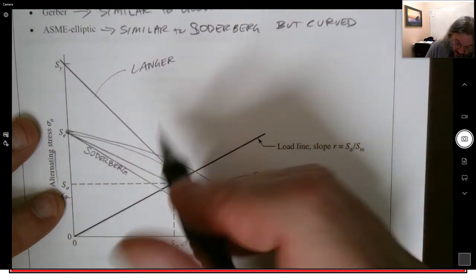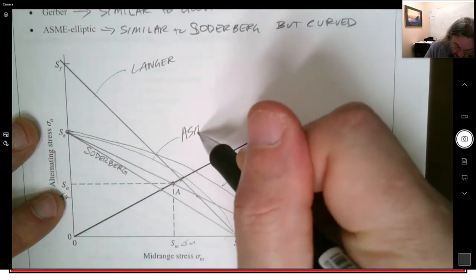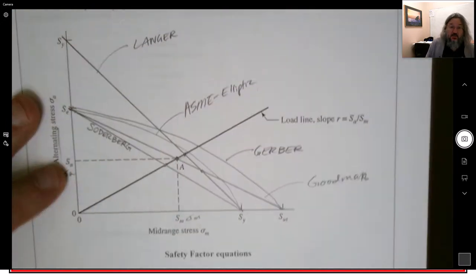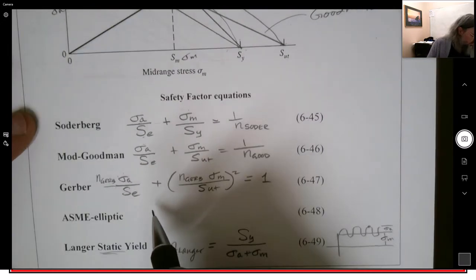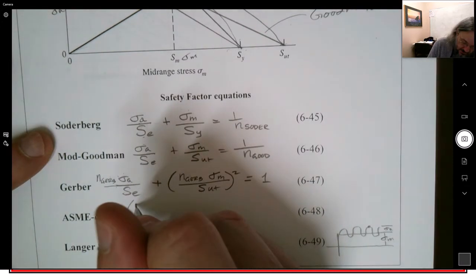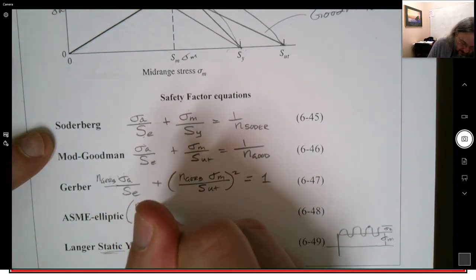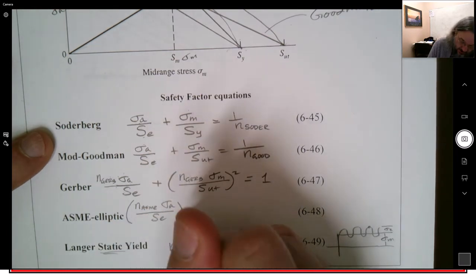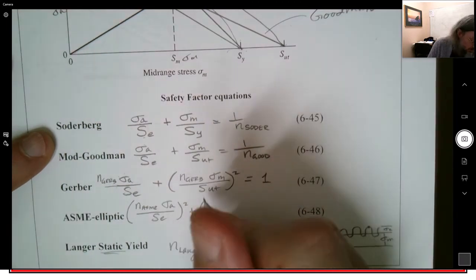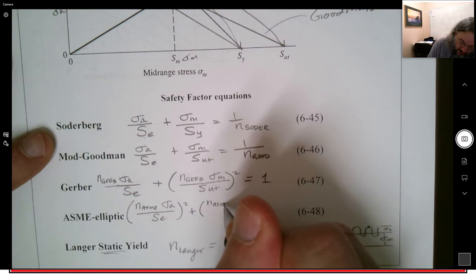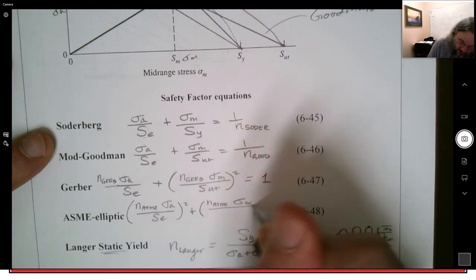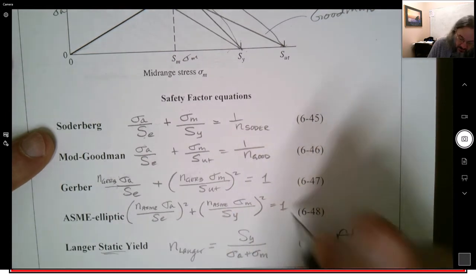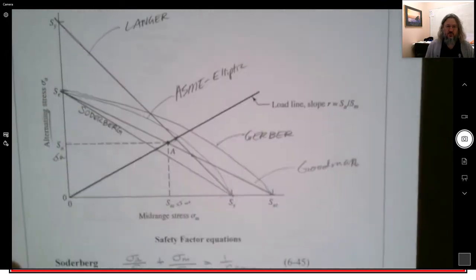So I guess I'll try to label him too to be consistent. This one's even more obnoxious. So we have the safety factor, ASME, we'll call it, and the alternating divided by the endurance, and that's squared. And then we also do the ASME, and now the mid-range and the yield strength squared equals 1, right?